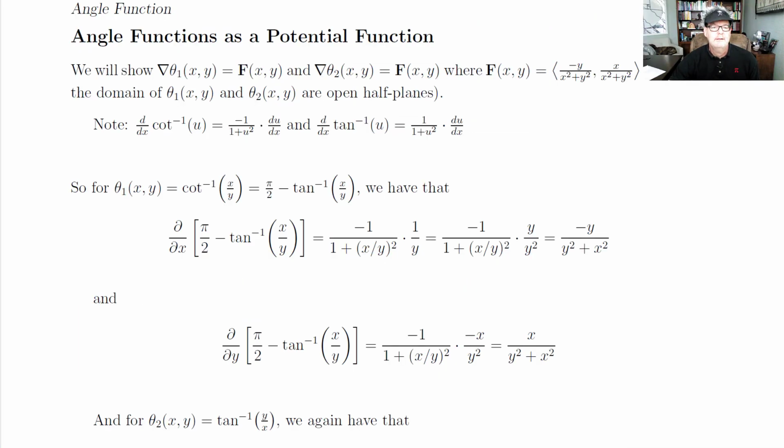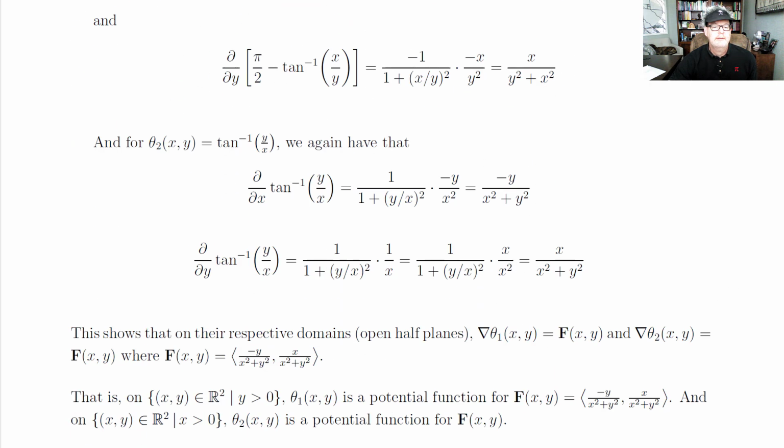Last thing I will mention is for the potential function. If you take the gradient of arctan of y over x, I won't do the details too carefully here, but you get negative y over x squared plus y squared, and x over x squared plus y squared.